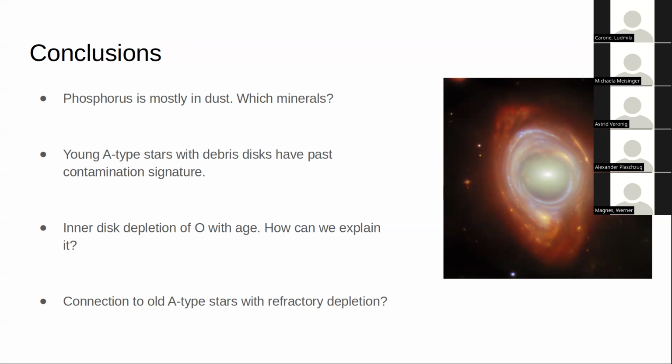Compared to the disk gas abundance, the phosphorus abundance is slightly higher on the star itself. So what we think is happening is that some of the smaller dust grains are also accreting with the gas, but not all of the dust.